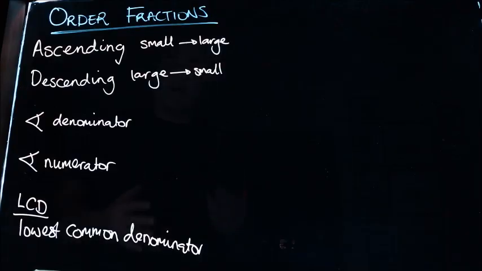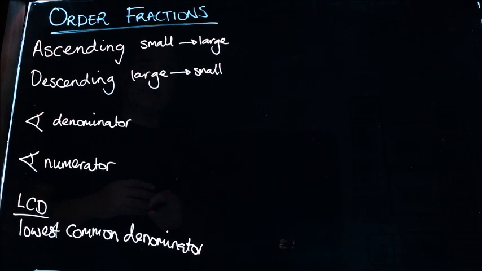So with that in mind, we're going to sketch some number lines, and these number lines are not perfect. We're not going to rule them out. They're sketches of a number line. We're just going to put in the key information, and that will help us place these fractions in their correct order. Okay, we want to put fractions in some kind of order, and the thing to remember here are some words.